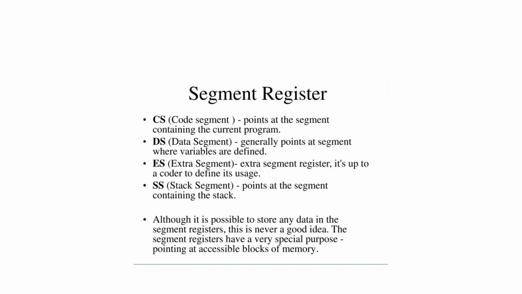Then segment registers: code segment, data segment, extra segment, stack segment. They are separately given so that data won't disturb the code segment, and the code segment won't disturb the data segment.